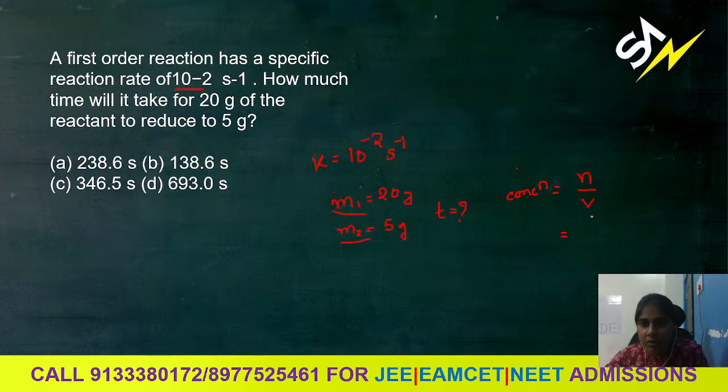What is the number of moles? Weight by gram molecular weight. So concentration is directly proportional to the weight of the reactant. In place of concentration we can directly take the weight of the reactant.